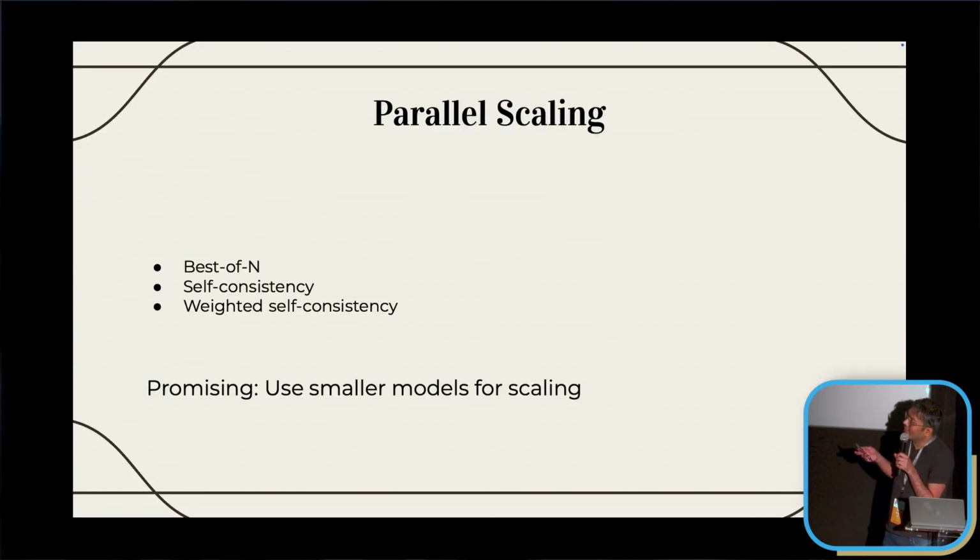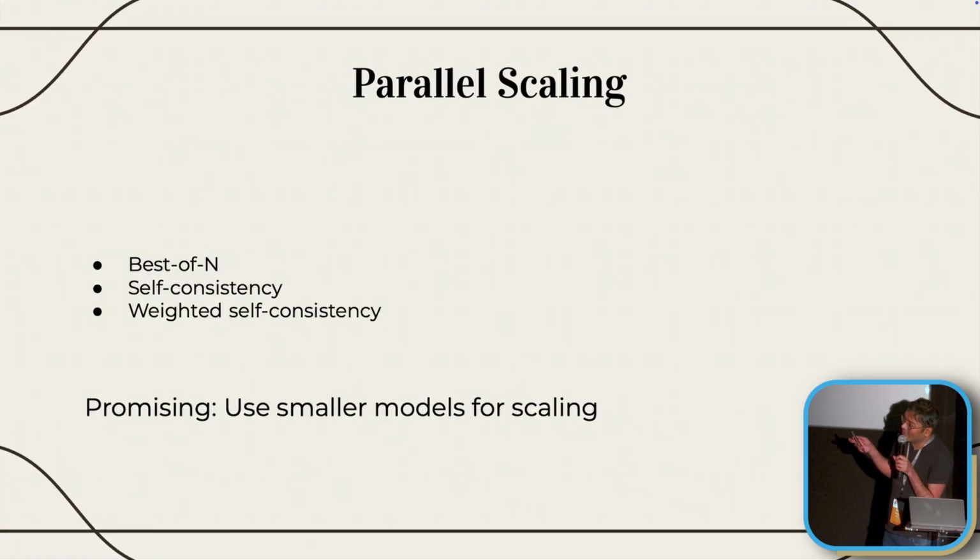So parallel scaling, as I said, uses these methods. What I found was you can use smaller models. For example, the best of n need not use the same model to generate it.